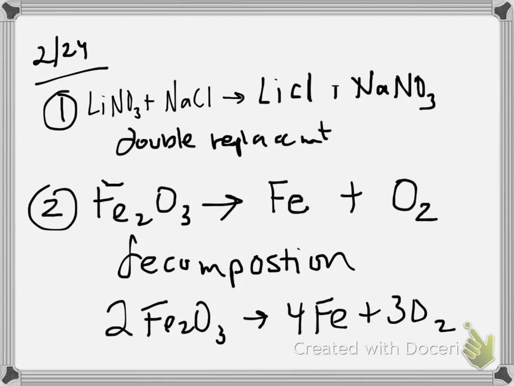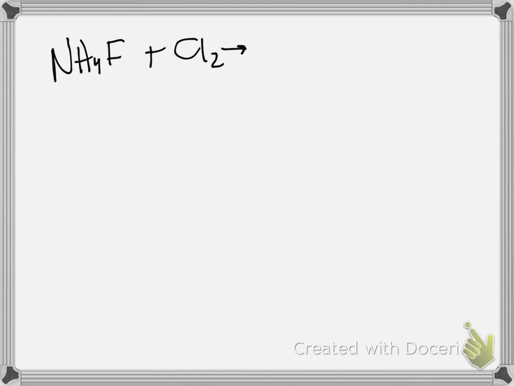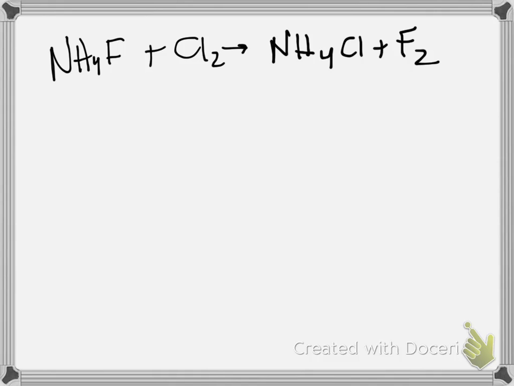Okay. Number 3, this was a single replacement. And yes, this is one that you could predict using activity series, but we were not doing that. So a few of you, like I said, really do love activity series, and that's wonderful. If this did run, what you would generate would be ammonium chloride and fluorine gas.